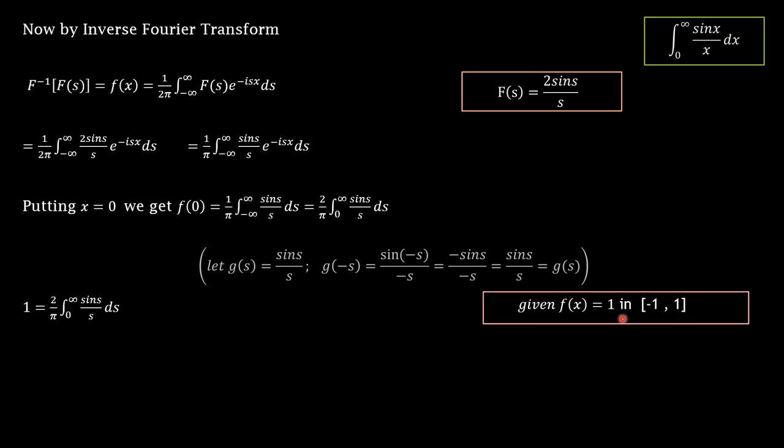The function value will be equal to 1. Just rearranging the terms over here, the integration of sin s by s as s varies from 0 to infinity will be equal to pi by 2. So, the value of the integral of sin x by x as x varies from 0 to infinity is pi by 2. Hope you got it.